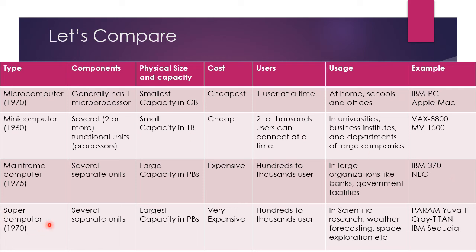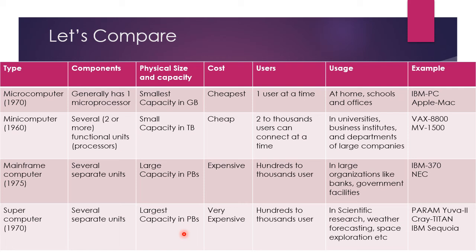Supercomputer. The first supercomputer was built in 1970. Although it was not as fast as nowadays microcomputers, that was the first one built. But in the 1980s, the supercomputer really came into the picture. It also has several separate functional units, or you can say microprocessors. It is largest.